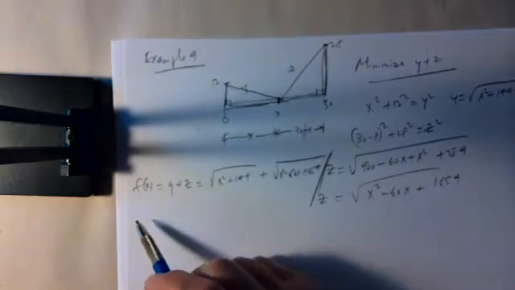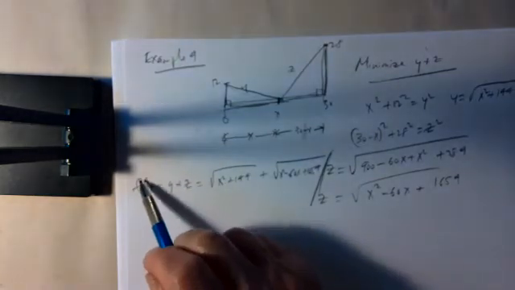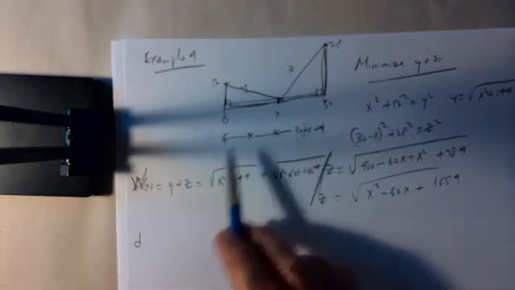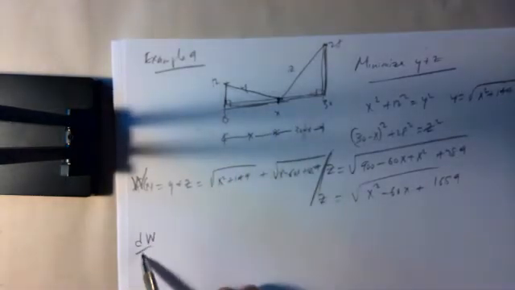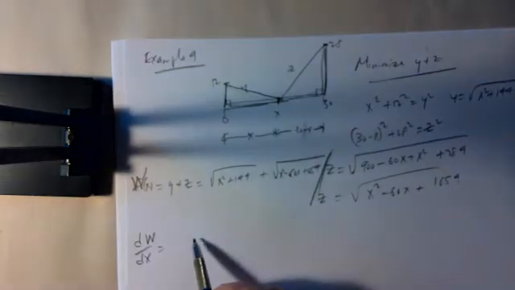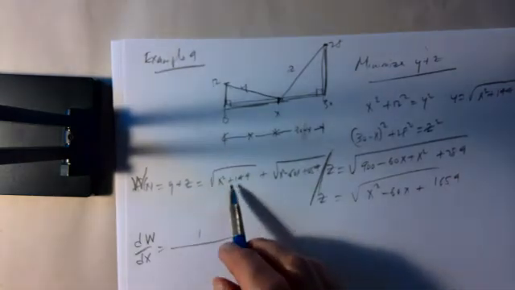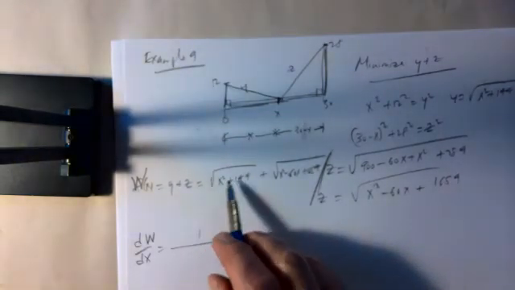So the book calls this W for wire. We have to differentiate because we want to minimize this. So we want to find the critical numbers, dW dx. So we differentiate this, we get 1 over, we get this to the 1/2.